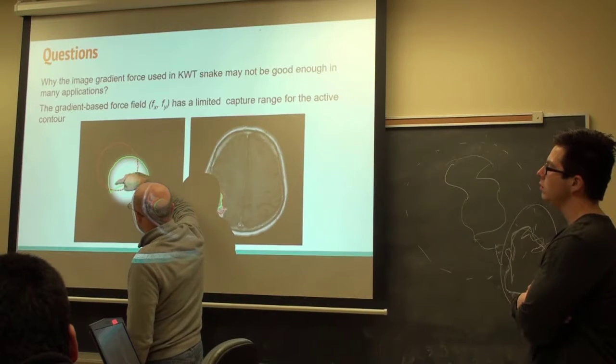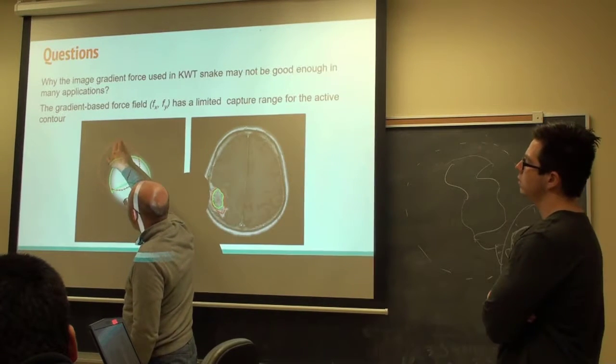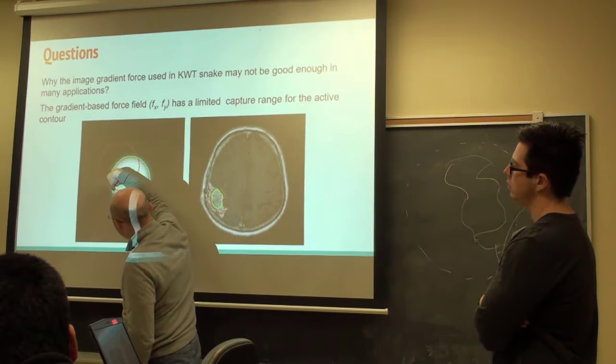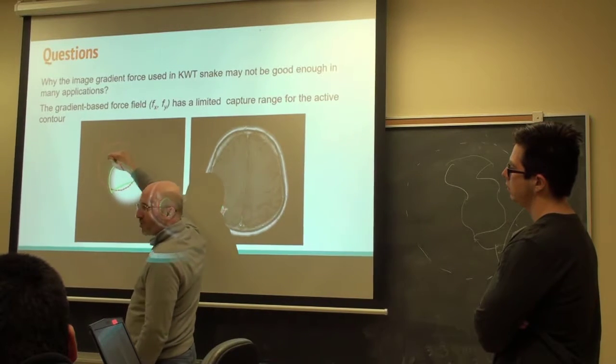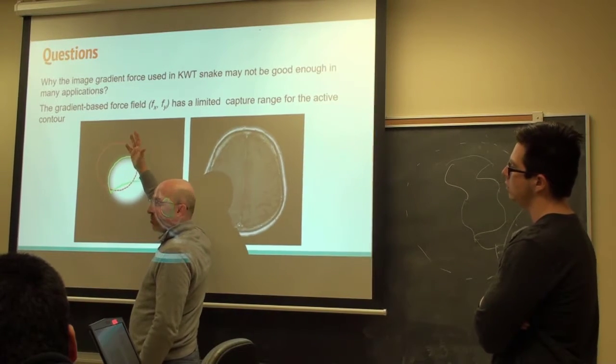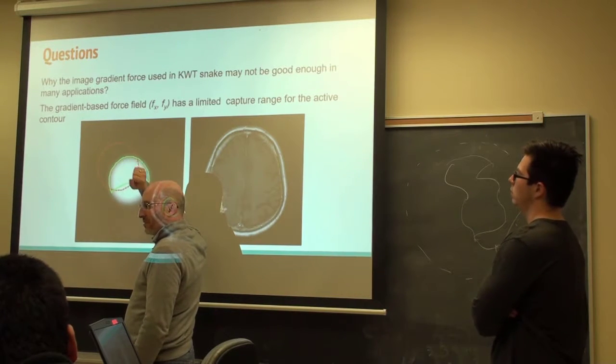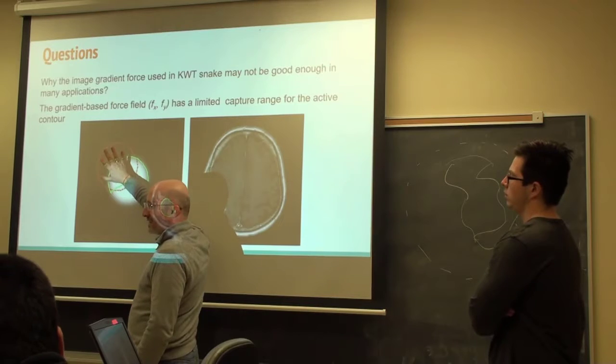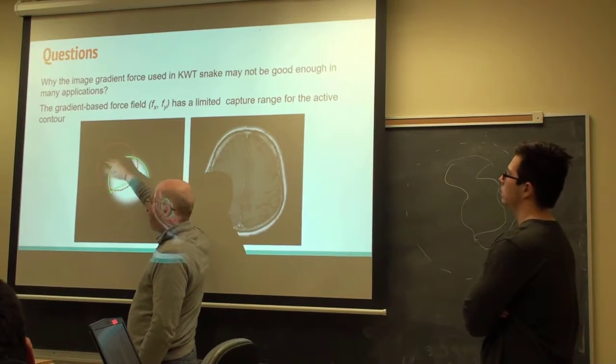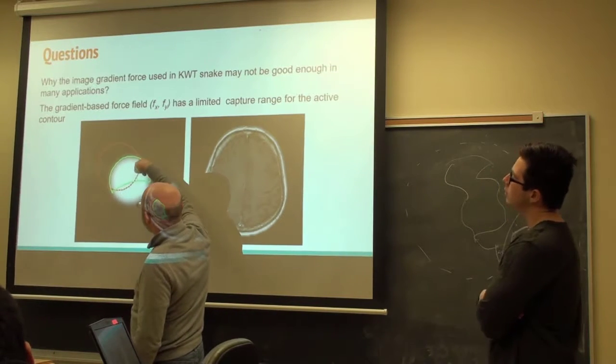So the only forces working on those points, but not on the points close to the edge, are internal energy, which is just trying to keep the contour as smooth as possible and as less stiff as possible, okay? For that part of the circle and that part of the circle.